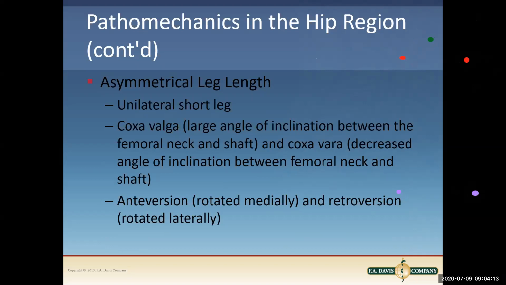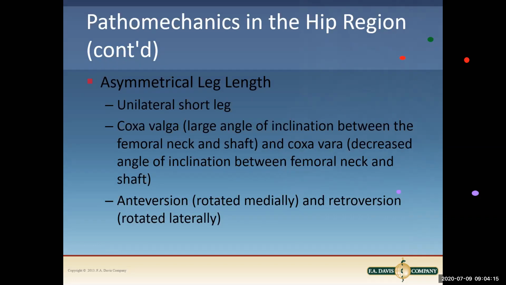So when we are checking to see if a patient has a shortened leg, there are two different measurements we're going to take. We're going to measure for true leg length and apparent leg length.